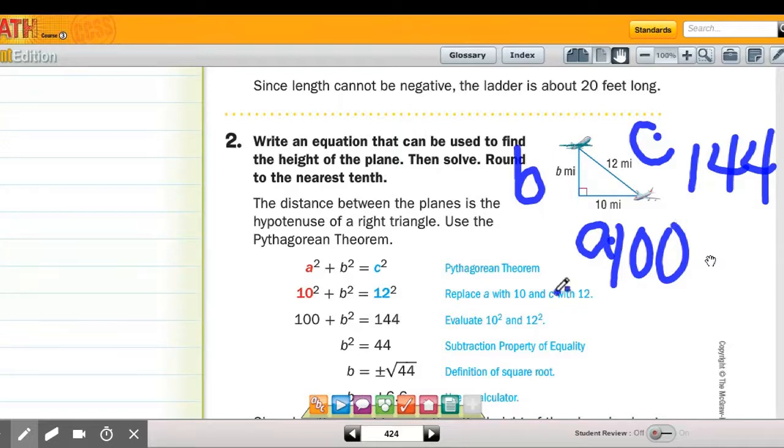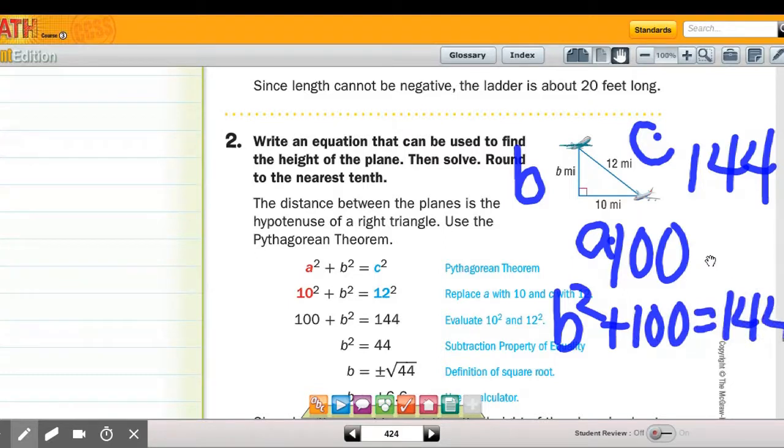So it looks like we're going to have b squared plus 100 equals 144. So in other words, I subtract 100 from each side, and b squared equals 44.